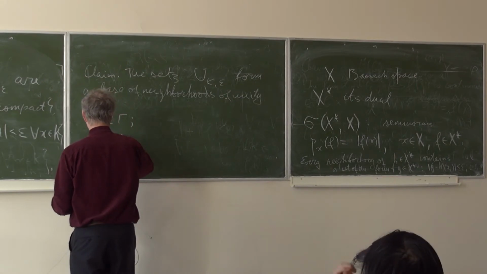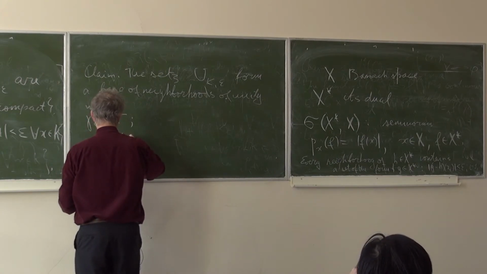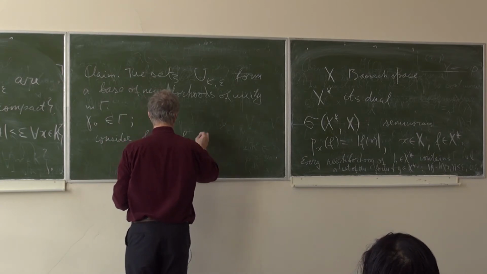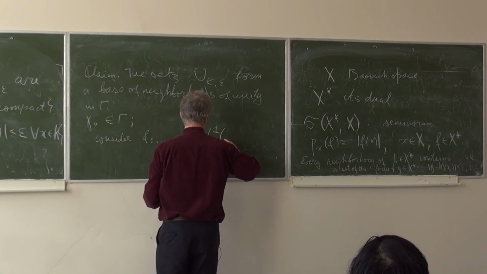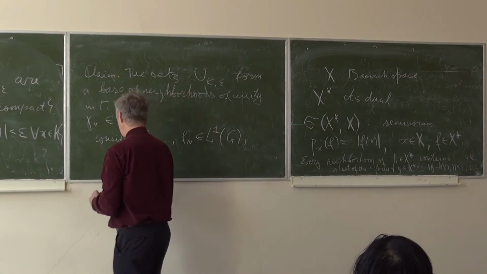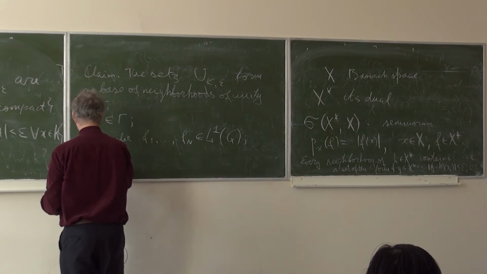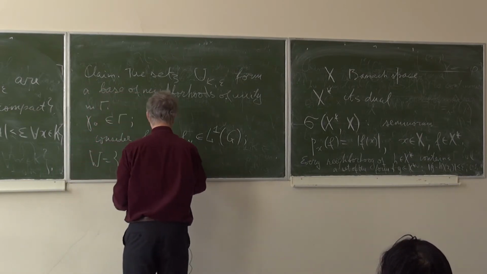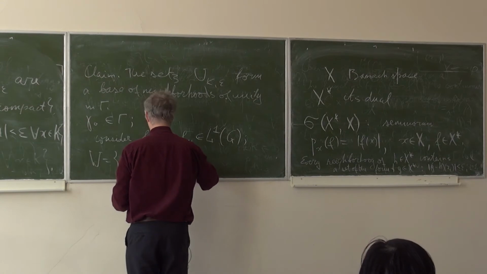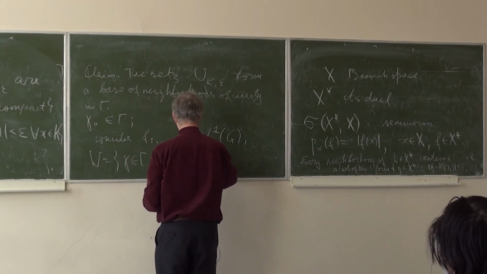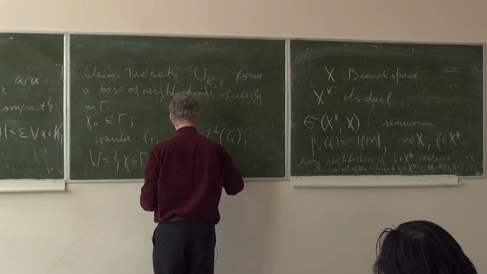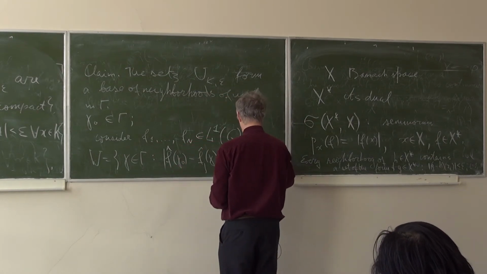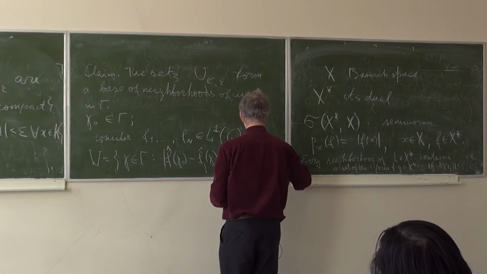Consider some functions in L1 of G, and consider the set, say W, the set of all gamma such that the absolute value of f hat of gamma 0 minus f hat of gamma is strictly smaller than epsilon for all j from 1 to n.